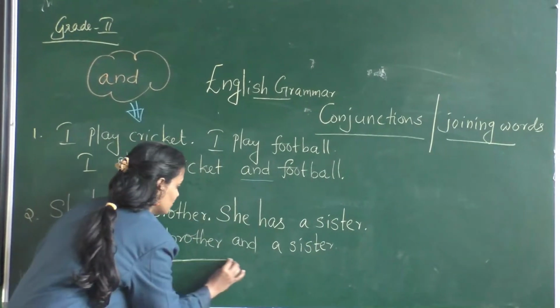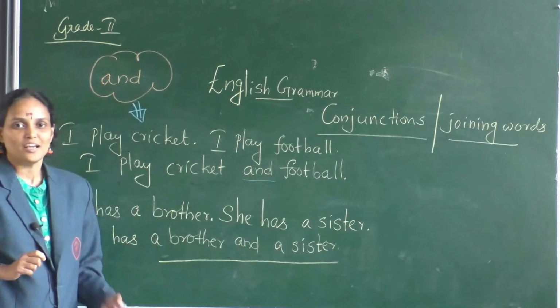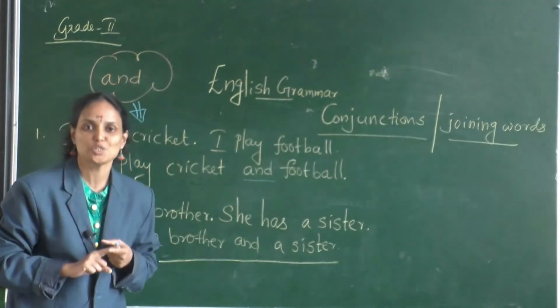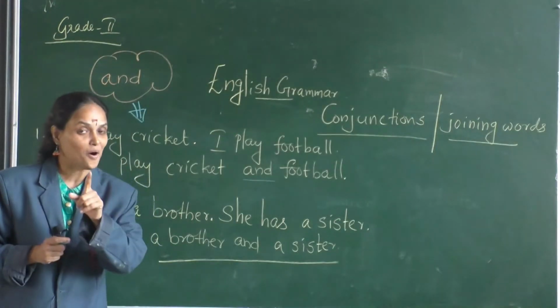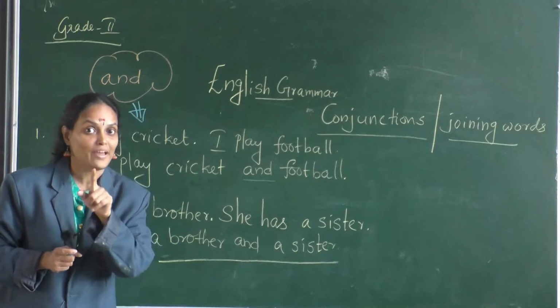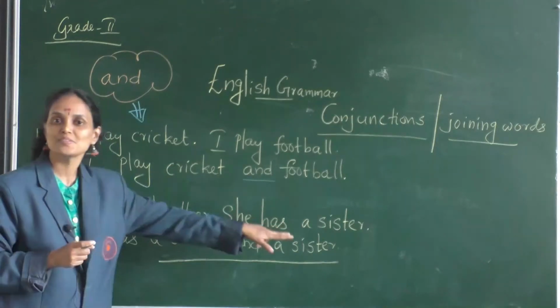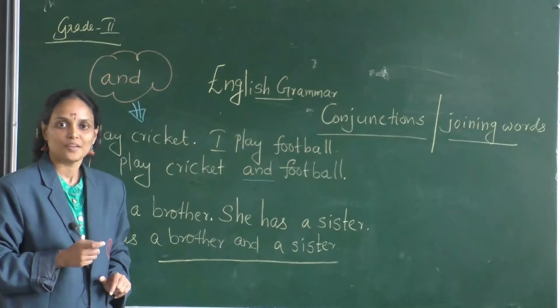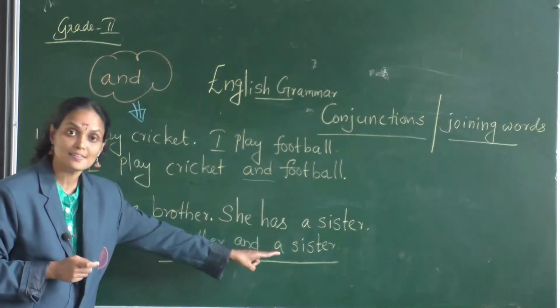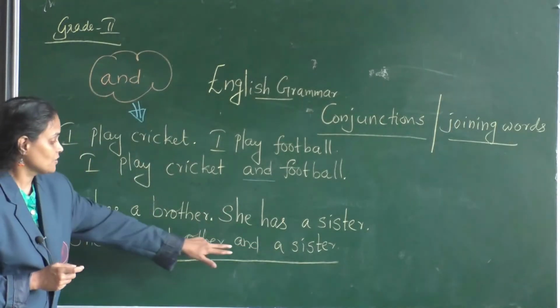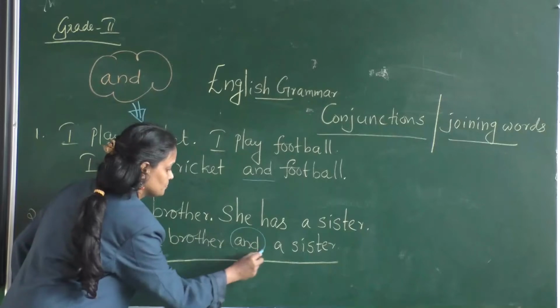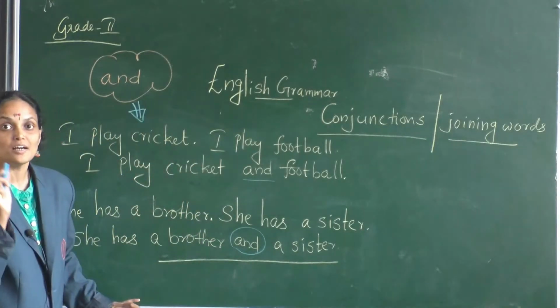See, a brother and a sister. We have got a single expression here. We have got a word pair here. Do you remember the word? Word pair, brother and sister. Two different sentences are joined using the conjunction and. And we have got a word pair.